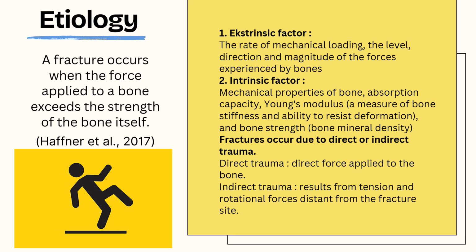For the intrinsic factor, mechanical properties of bone, absorption capacity, Young modulus, a measure of bone stiffness and ability to resist deformation, and the bone strength. The bone strength means bone mineral density.